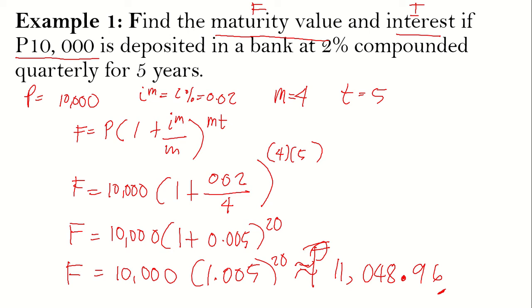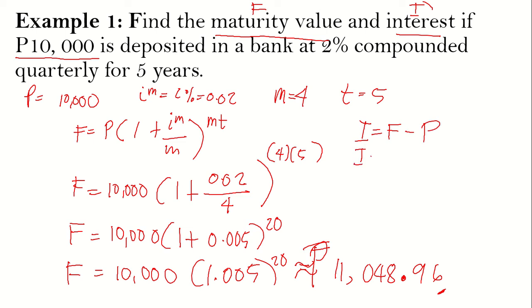Now, if the future value is 11,048.96, how much is the interest? So, to compute for the interest, this is equal to the future value minus the principal.